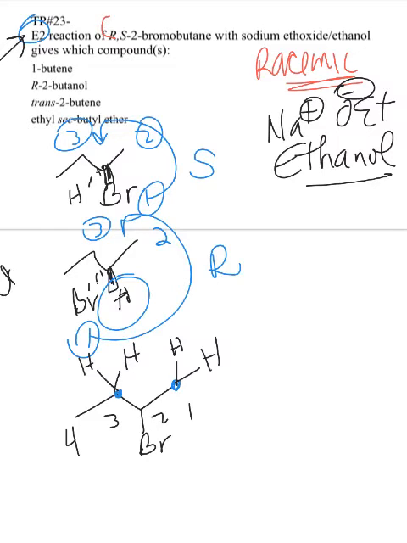Now, there is a rule. It's called Zaitsev's rule. And if you remember, go back and review what Zaitsev's rule is. It's going to make the most stable alkene. Unless the other rule would be the Hofmann product. For the Hofmann product, you have to have a very sterically hindered base.